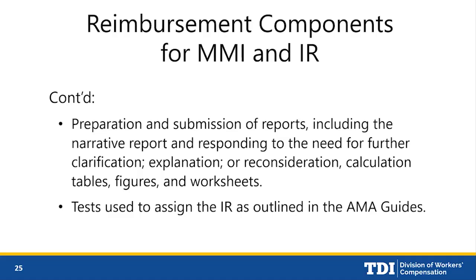They include the calculation tables, the figures, the worksheets, narrative reports, the tests that you conduct that are outlined in the AMA guides that were required for the exam. And keep in mind, if the AMA guides say that you need to do that test as part of the impairment evaluation for that injury or condition, then it's included in the MAR.